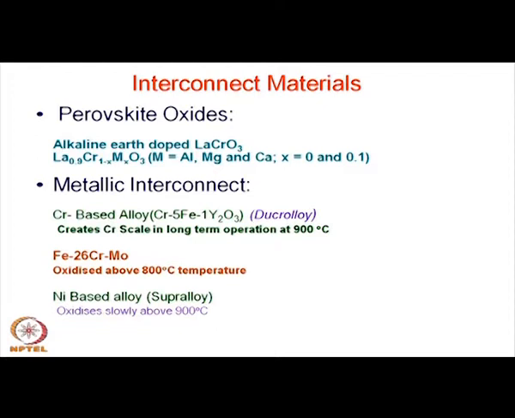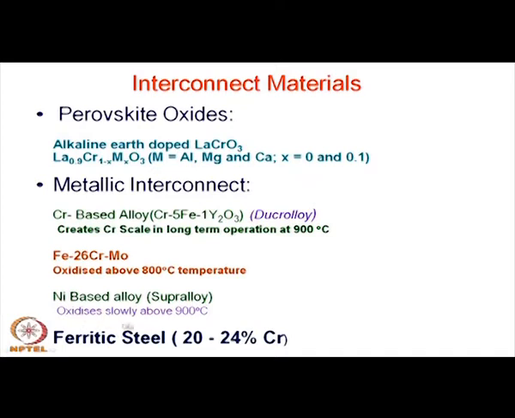So, that makes it possible to use other alloys. The best material so far is actually ferritic steel. Many different alloys have been tried, but ultimately people have settled on ferritic steel, which is basically a 20 to 24% chromium alloy.